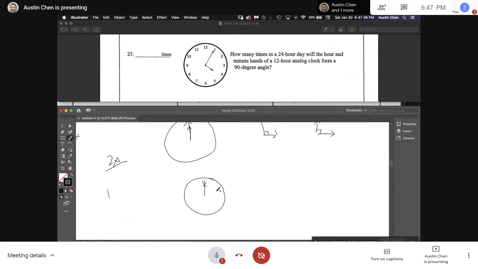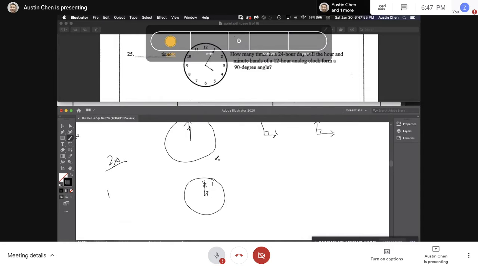Okay, so now we need to consider the first hour. So the minute hand is there, the hour hand is here. And the minute hand is going to go around again, and the hour hand is going to go slowly to here.